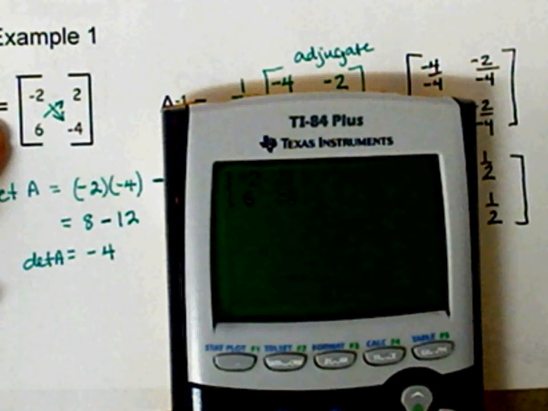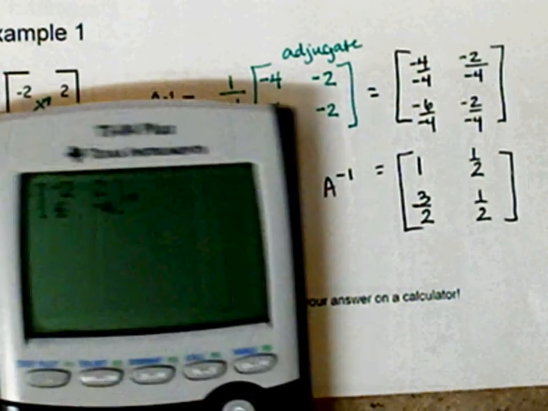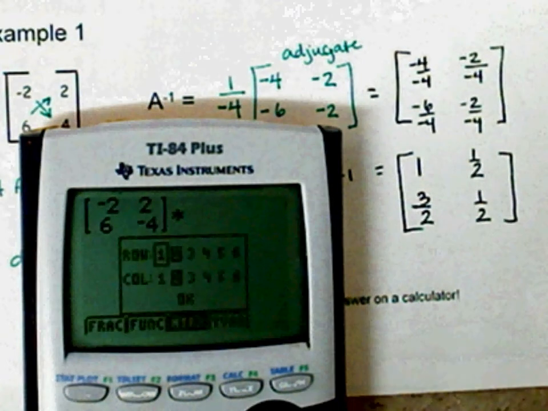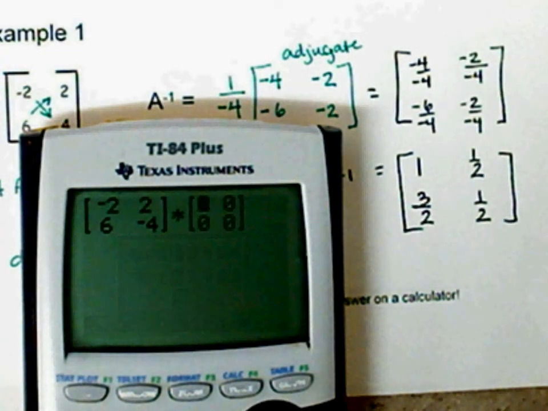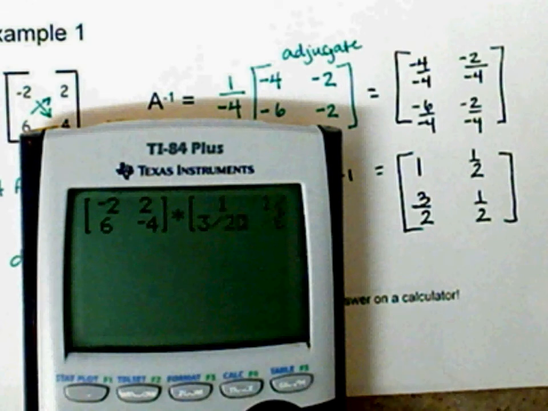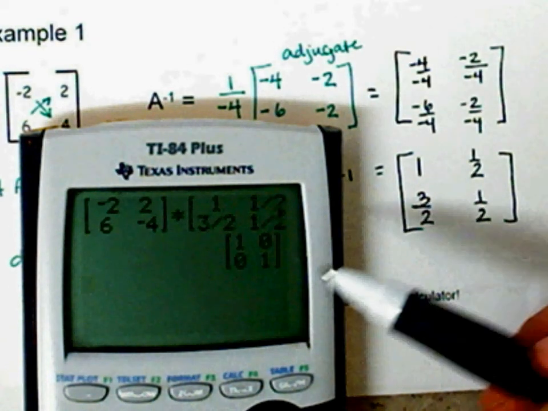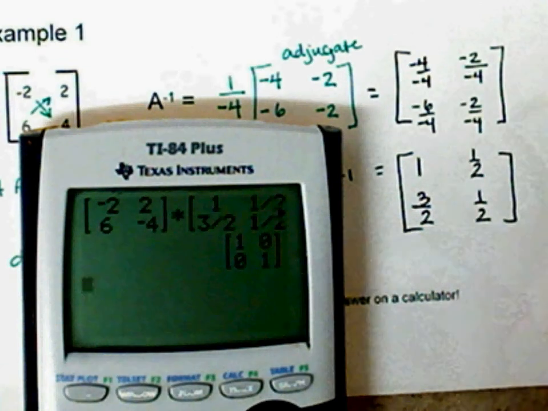What was that inverse we just found right here? Let's type that in. Alpha zoom. It's a 2 by 2. 1, right click, 1 divided by 2, right click, 3 divided by 2, right click, 1 divided by 2, right click. Do you see how you have that identity? So this right here is an inverse, and it worked.